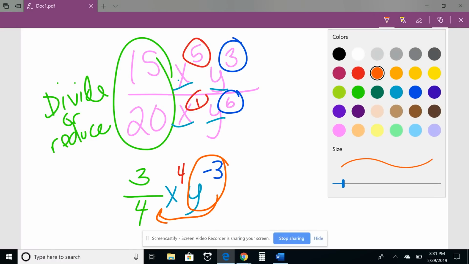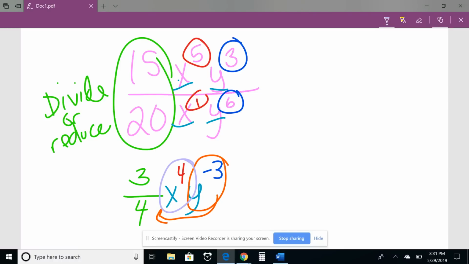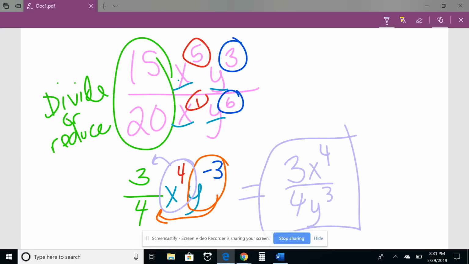The one with the positive exponent is going to go to the top. So when I simplify it, it's going to be 3x to the 4th over 4y to the positive 3. That would be my simplified answer.